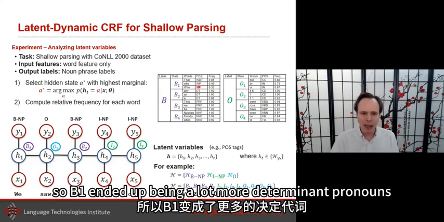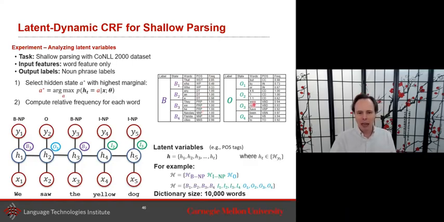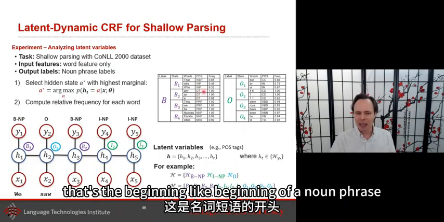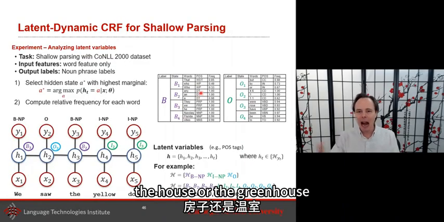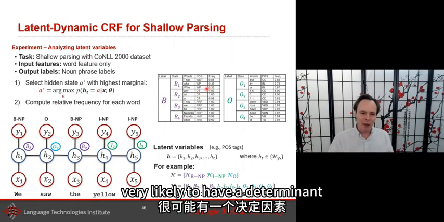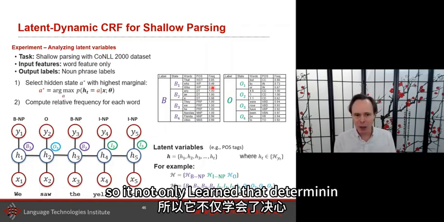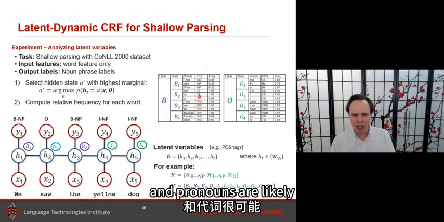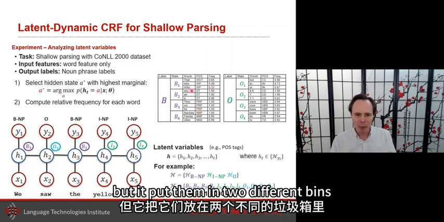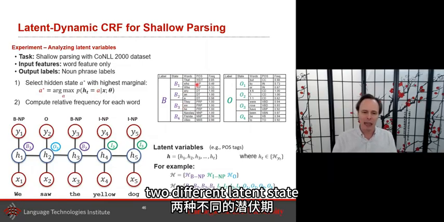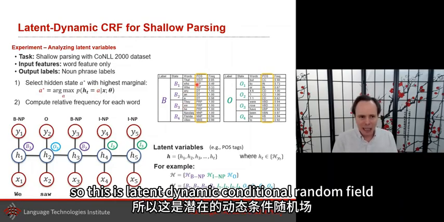So B1 ended up being a lot more determiners and pronouns, and that's the beginning of a noun phrase. The house or the greenhouse, very likely to have a determiner or a pronoun as the beginning of a noun phrase. So it not only learned that determiners and pronouns are likely, but it put them in 2 different bins, 2 different latent states. So this is a latent dynamic conditional random field.